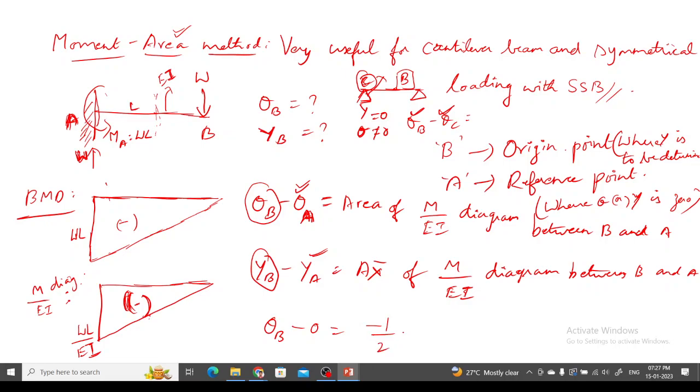So it will be minus 1 by 2 into WL by EI into L, so minus WL square divided by 2EI. Or when I write the direction, it will be WL square by 2EI, and that direction is clockwise. Is this clear?